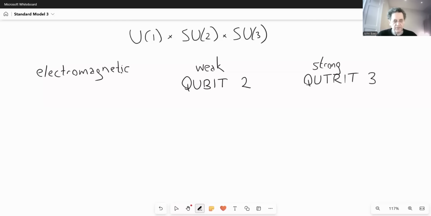So the electromagnetic force, you'd have to say, is about qunits. The term qunit is rather rarely used, but it is used sometimes. And that's the quantum version of a choice among one alternative. Now, a choice among one alternative doesn't seem like much choice at all, right?